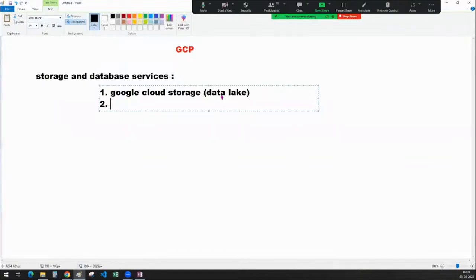And one more thing. This is the storage perspective. What about the database perspective? For RDBMS solutions, we have Cloud SQL and Cloud Spanner, guys. These two services are considered RDBMS solutions. What is Cloud SQL?